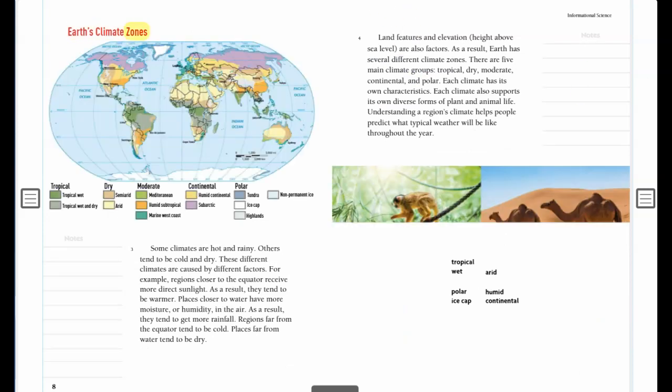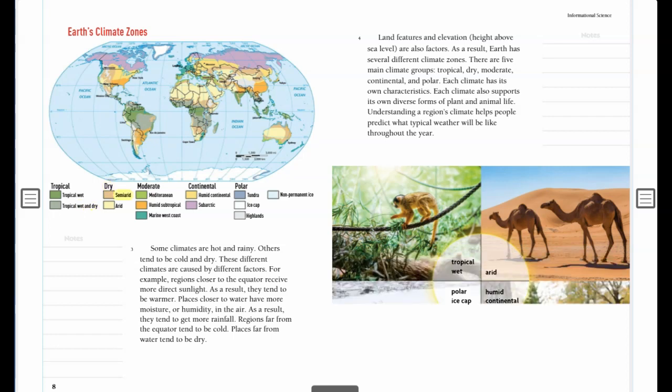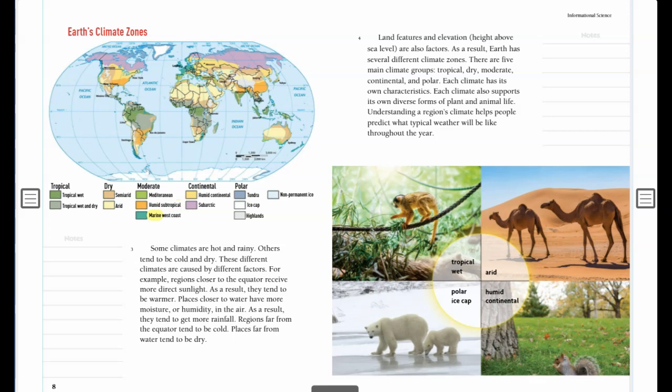Earth's climate zones. Tropical, tropical wet and dry. Dry, semi-arid, arid. Moderate, Mediterranean, humid subtropical, marine west coast. Continental, humid continental, subarctic. Polar, tundra, ice cap, highlands, non-permanent ice.